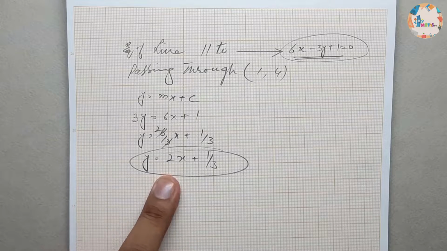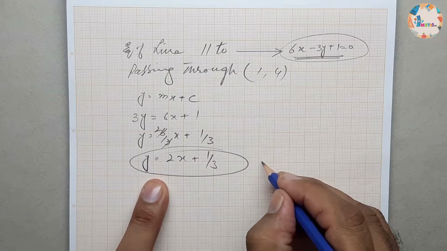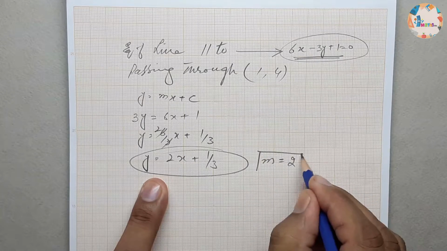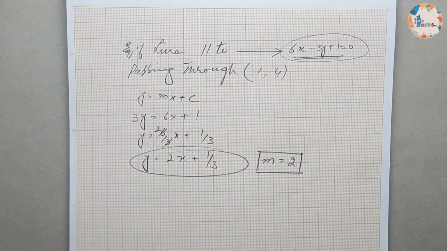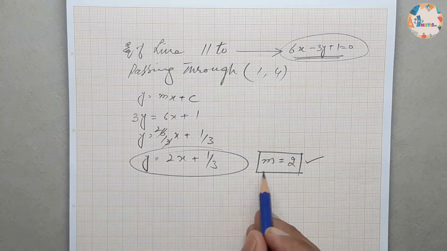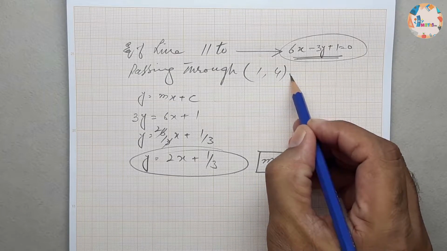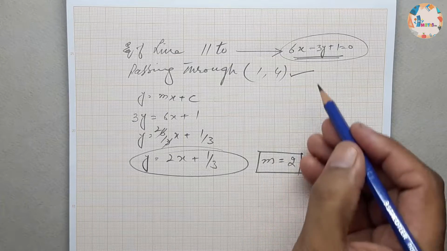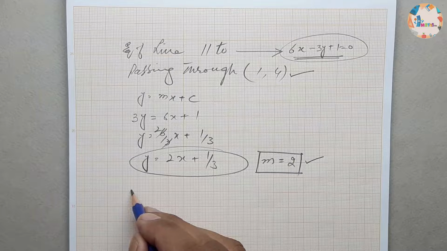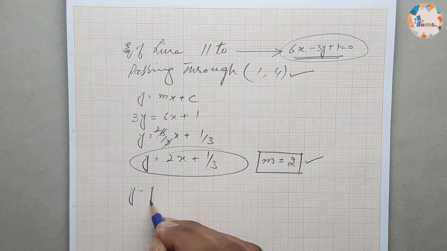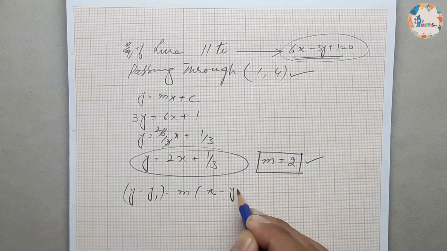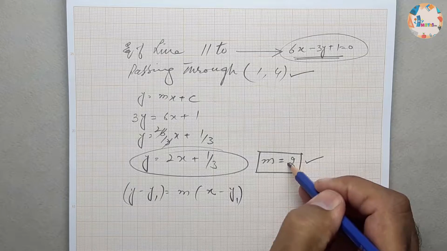Now we will be using the gradient from here. So we know two parallel lines have the same gradient or slope. So this is the value of m which we will be using, and this is the point which we will be using to write the new equation which is parallel to this one. So we will write the equation of the line in point slope form, which is y minus y1 is equal to m into x minus x1, and we will use this value of m.